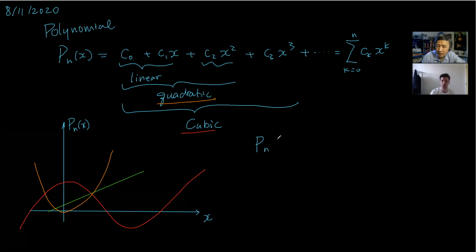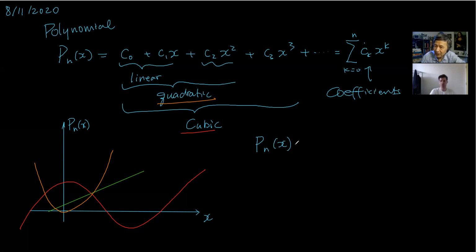In all these terms, the determining factor is the coefficient, the numbers in front of the x. The coefficients govern the particular form of the polynomial.